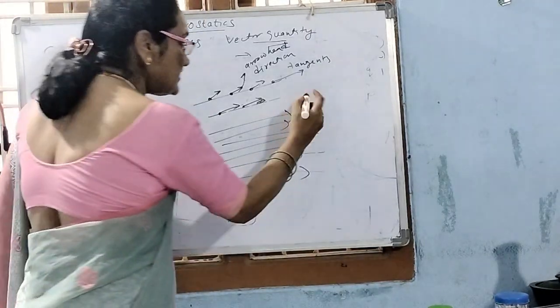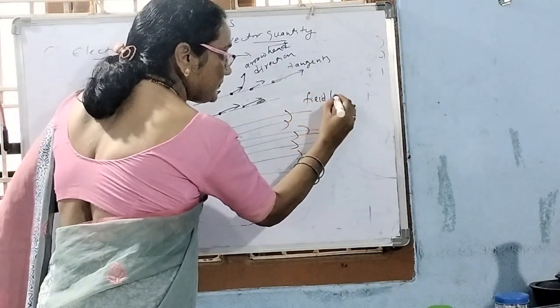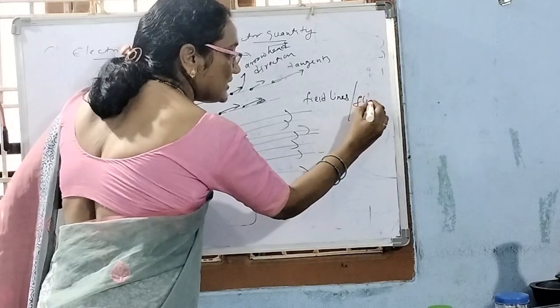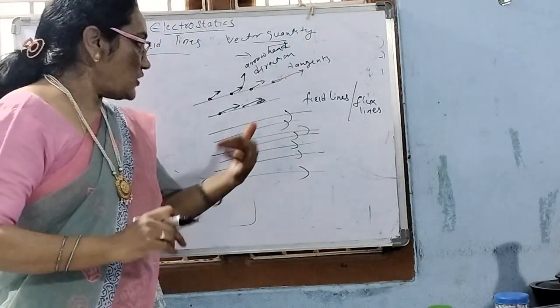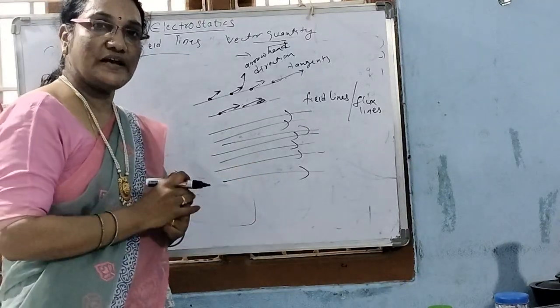These are the field lines, or we also call them electric flux lines. Now, I draw the flux lines or field lines.